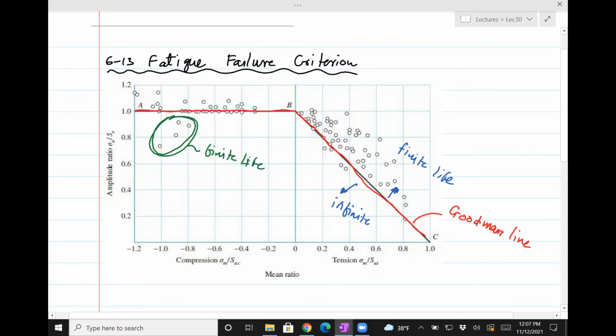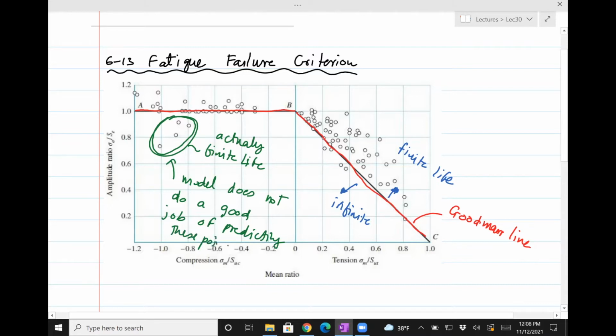So these are actually the finite life, but they are in the infinite life region, which means that the model does not do a good job of predicting these points. Okay, and same is also true for these points.